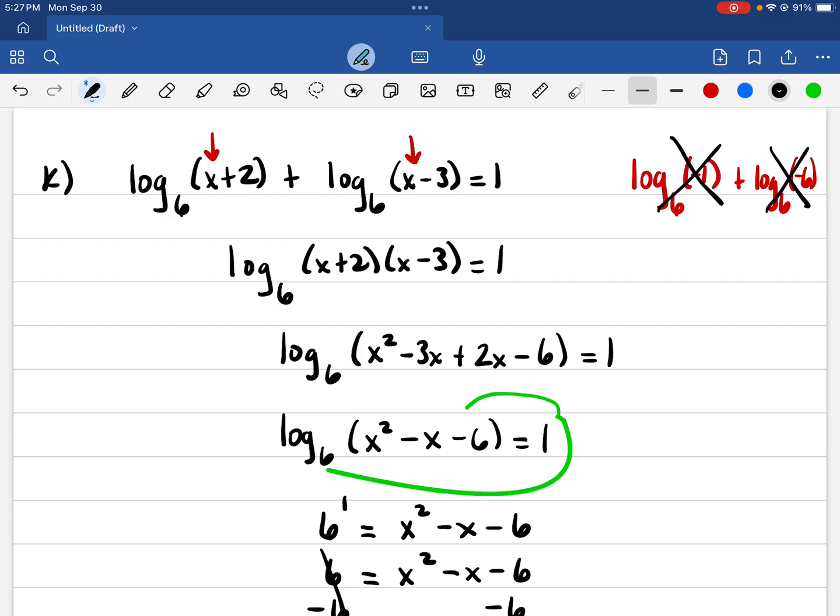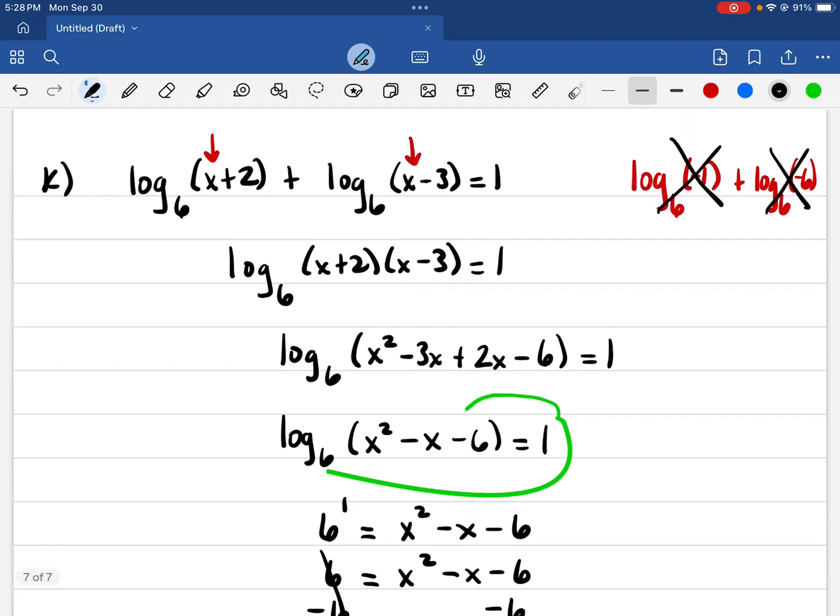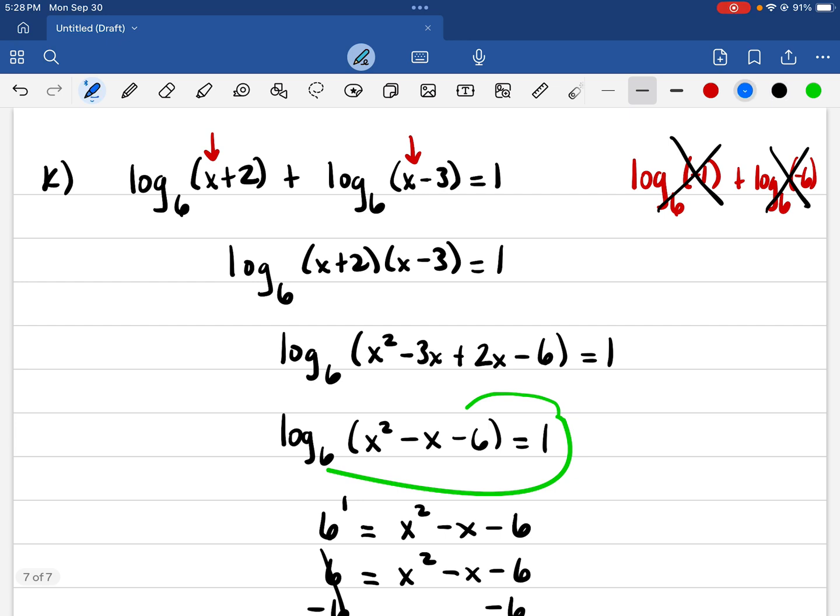So since when I plugged it in, it gave me the log of a negative number, that tells me right here that negative 3 is not going to be a solution that I can use in my problem. It's an extraneous solution, one that doesn't work. But if I plug in 4 in either one of those places, so 4 here or here, that's fine.